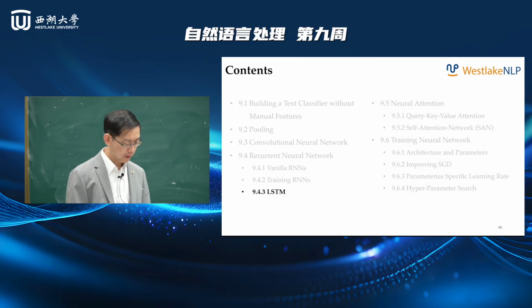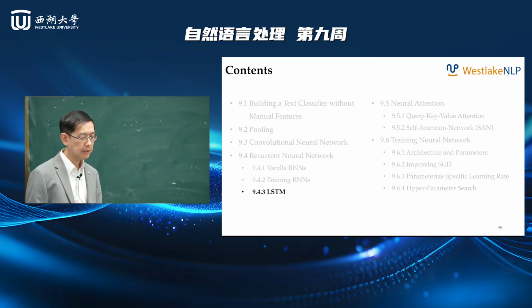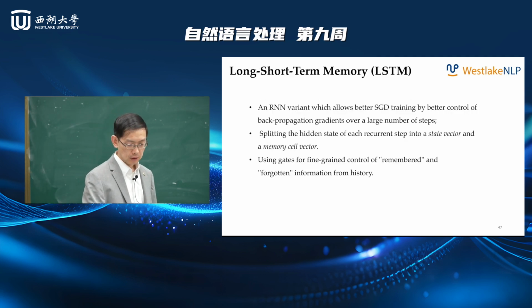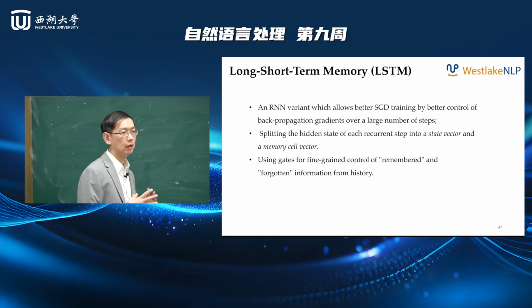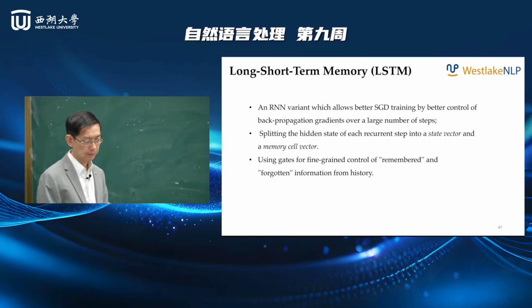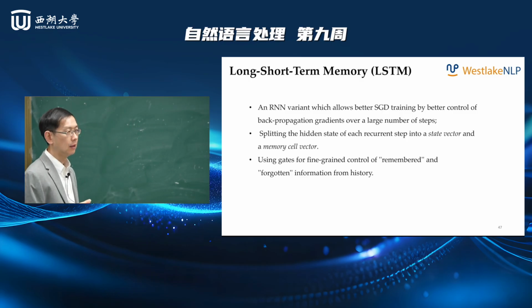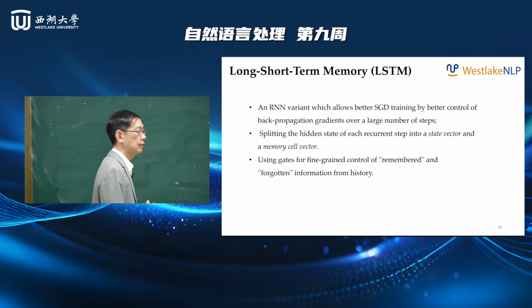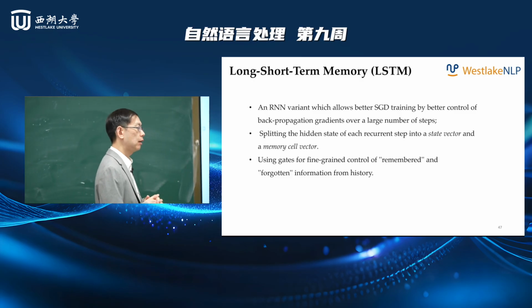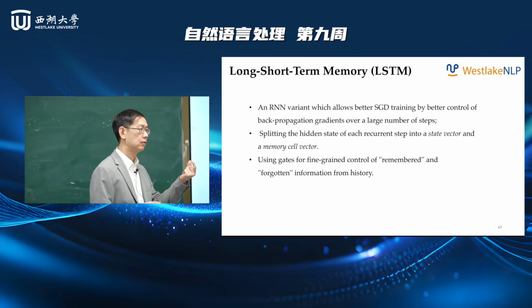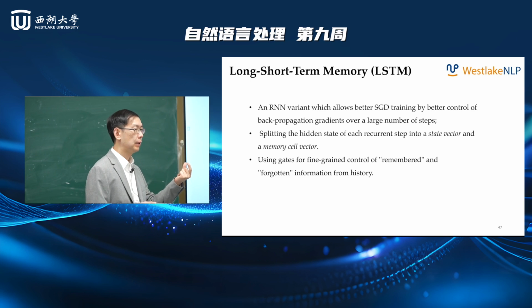Let's continue. So LSTM, long short-term memory is the full name. It's a variant of RNN that better handles gradient issues, okay? One very salient difference between LSTM and RNN is RNN just uses a recurrent hidden state, right? But LSTM uses a recurrent cell state.